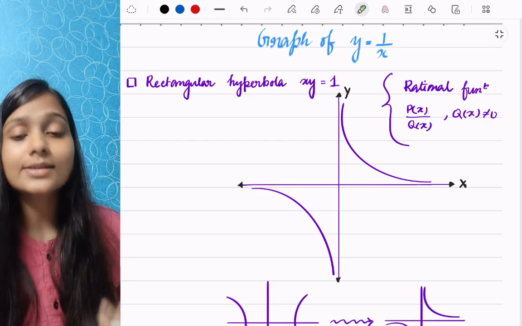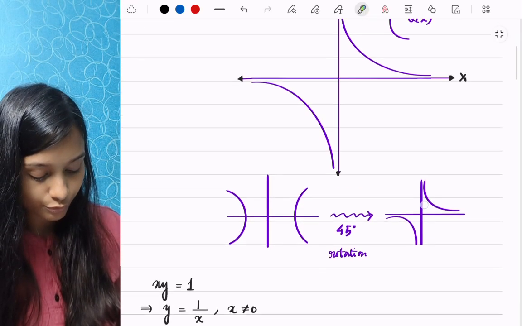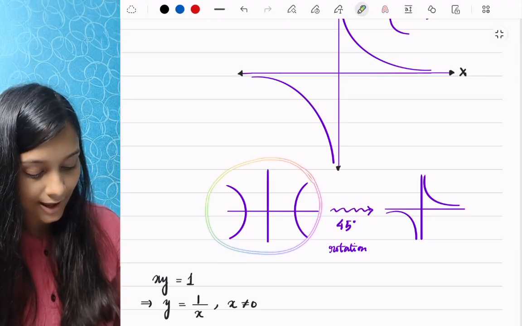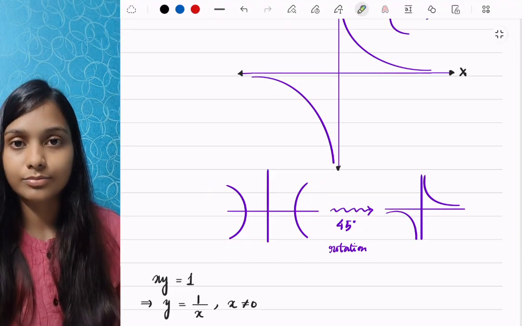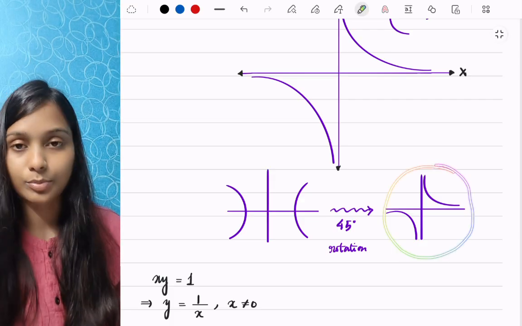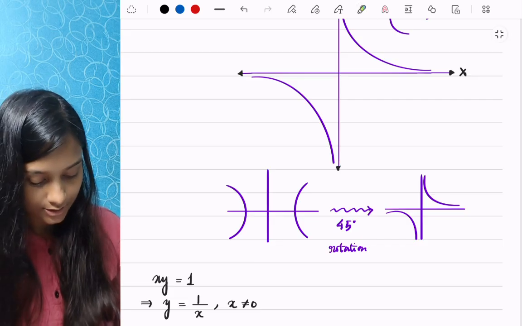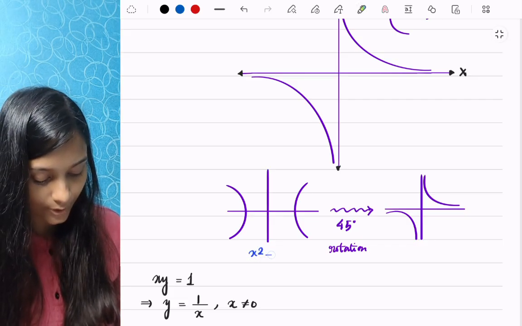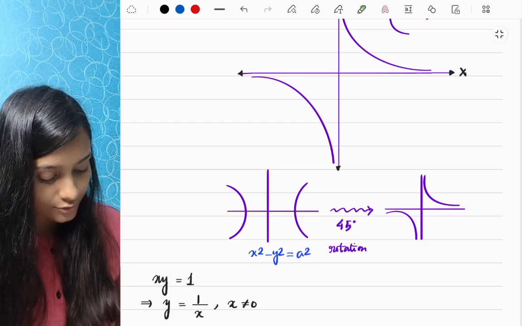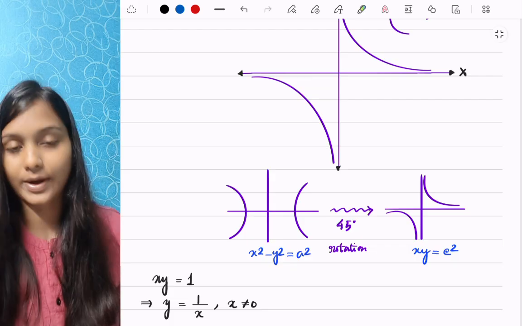Now what is a rectangular hyperbola? So hyperbola we all know. Suppose we have a hyperbola like this one, and by the rotation of the coordinate axes we get a rectangular hyperbola. So starting from an equation like x square minus y square equals a square, we can transform it to an equation like xy equals c square.